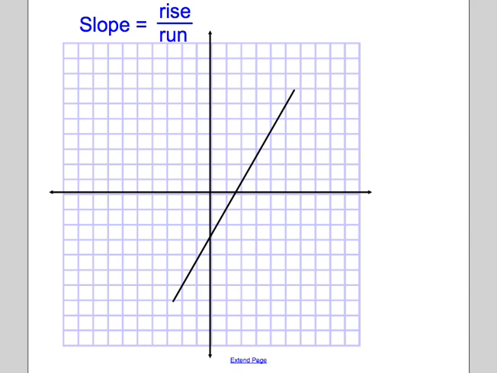So slope. We should be comfortable with this. We need to locate 2 points that this line goes through evenly. And I'm looking at this point as being one of those, and this one.